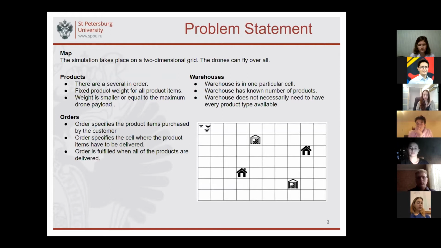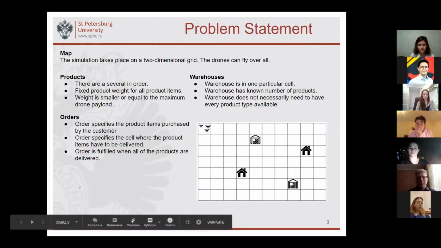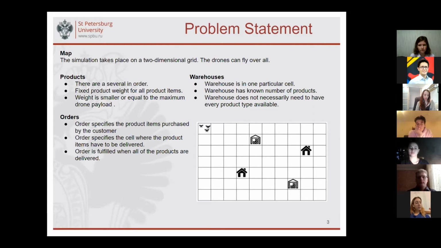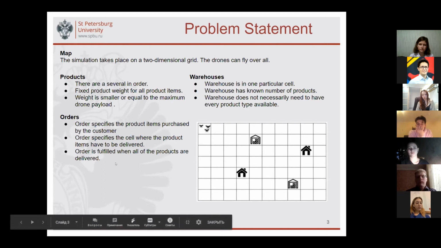The grid is non-cyclic, and drones can fly over our grid. We have some types of products in orders. Each one has a fixed weight, and every product weight must be smaller or equal to the maximum drone payload.